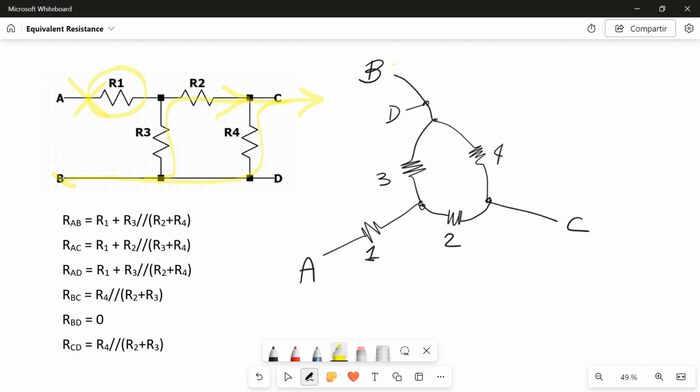So RBC is the parallel between R4 and the sum of R3 and R2.